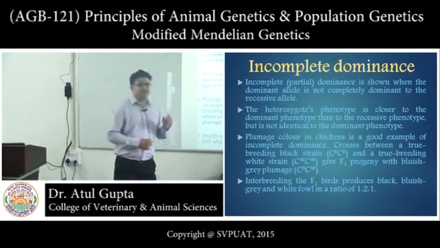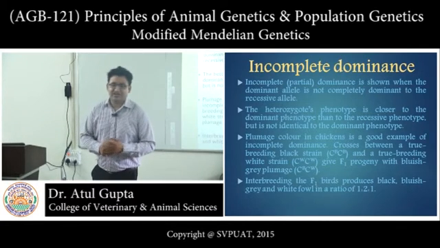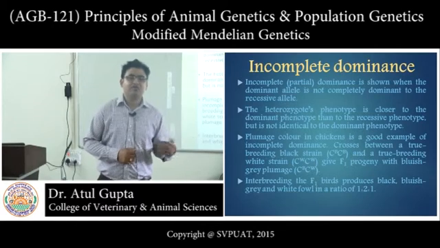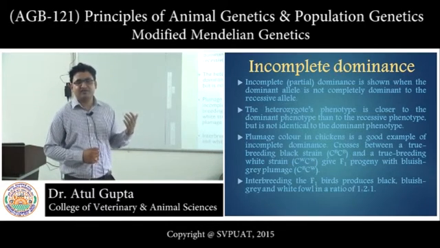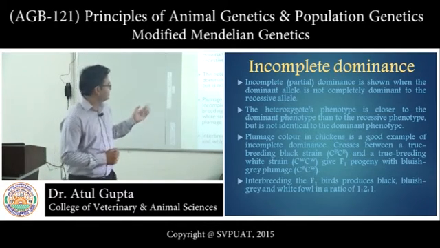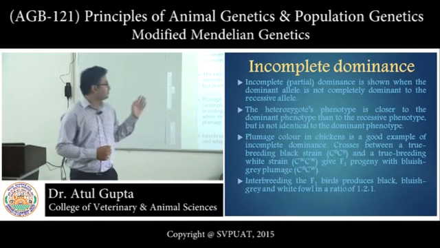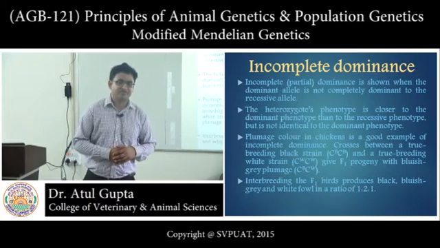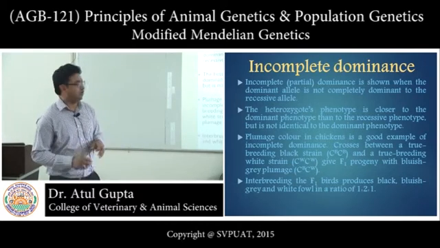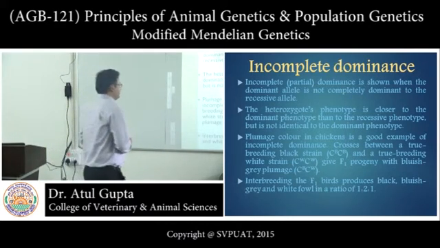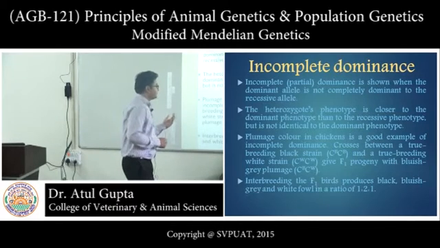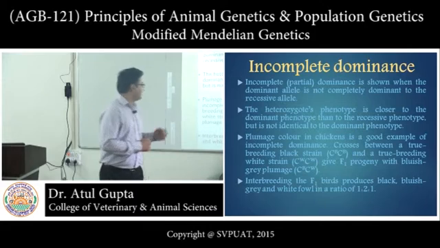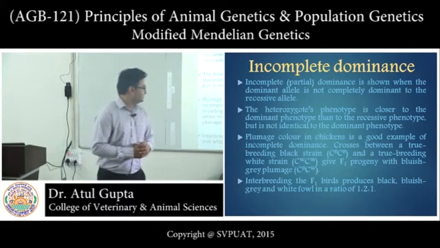As we learned in complete dominance, the heterozygous individual was similar to the dominant parent, but here the heterozygous individual will be closer to the dominant phenotype, but not an exact copy of it. Plumage color in chicken is a good example of incomplete dominance.